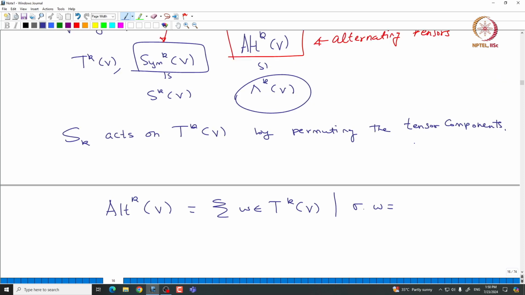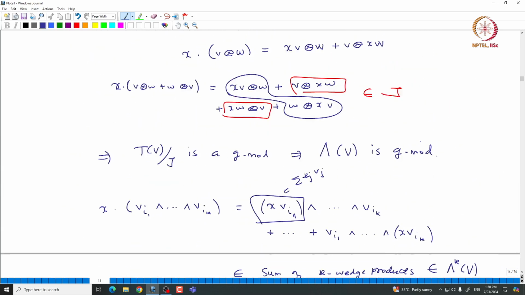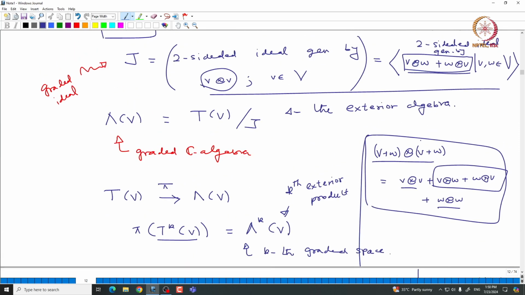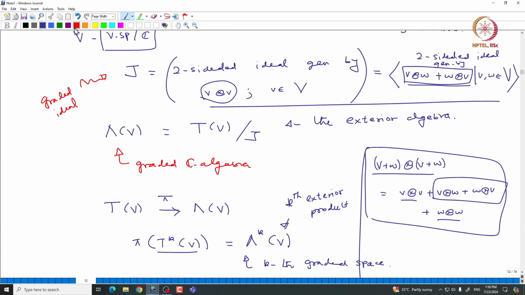See, you look at the relation that we mod out by to get the exterior algebra. Whenever you switch v and w, we are getting the minus. Okay. This v wedge w is the same as minus w wedge v. So that means whenever I switch the tensor components, then we want to get the minus sign.